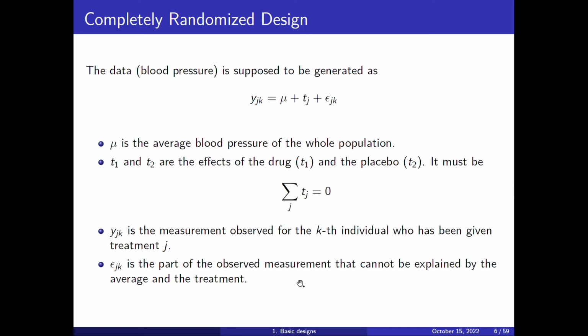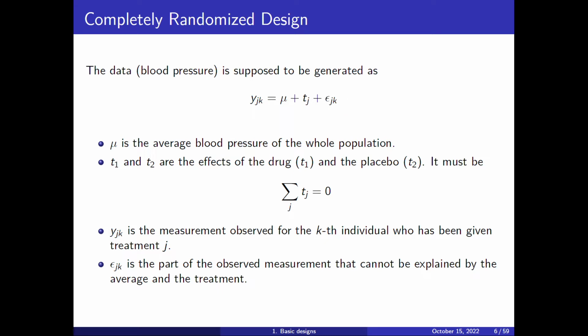The linear model assumes that the data are generated in this way: the observation, the blood pressure for a person in group j, the kth person in that group, will be an overall mean plus something that depends on the treatment that he or she has received, the placebo or the drug, plus something that I cannot explain, the residual.